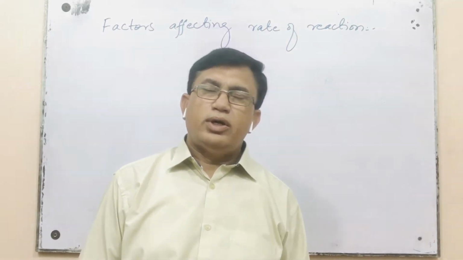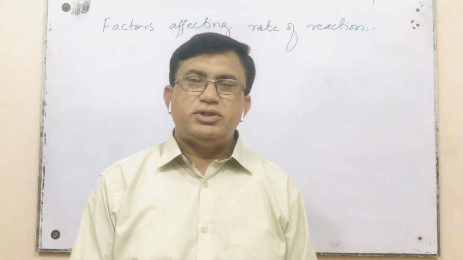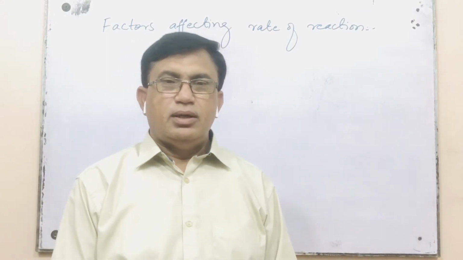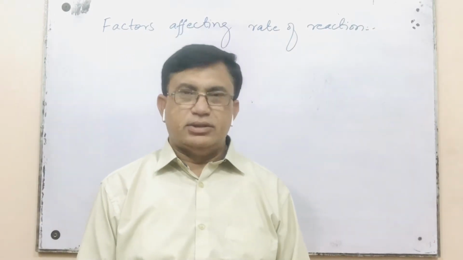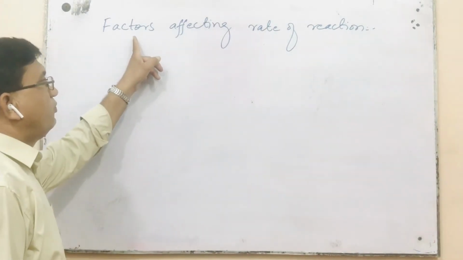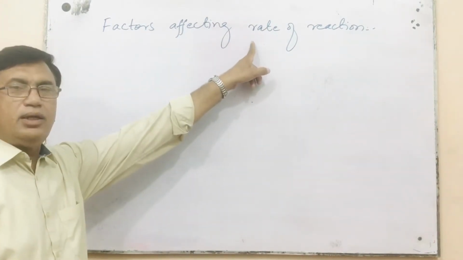Either we observe the change in pH, temperature, volume of the gas or mass with respect to time. Now, in our second lecture, we are going to discuss factors affecting the rate of reaction.